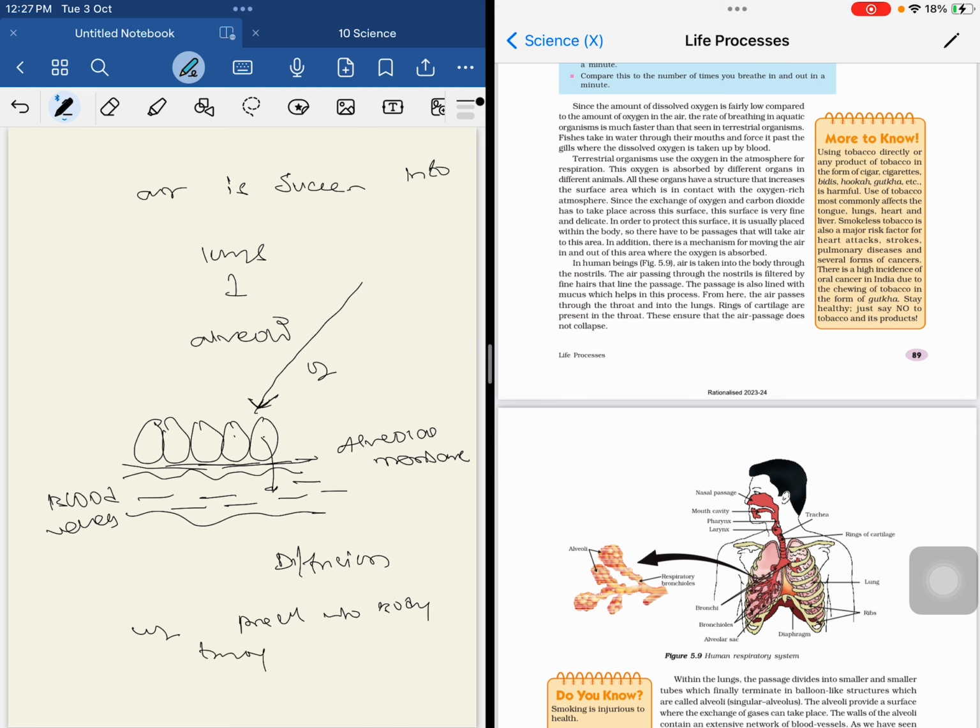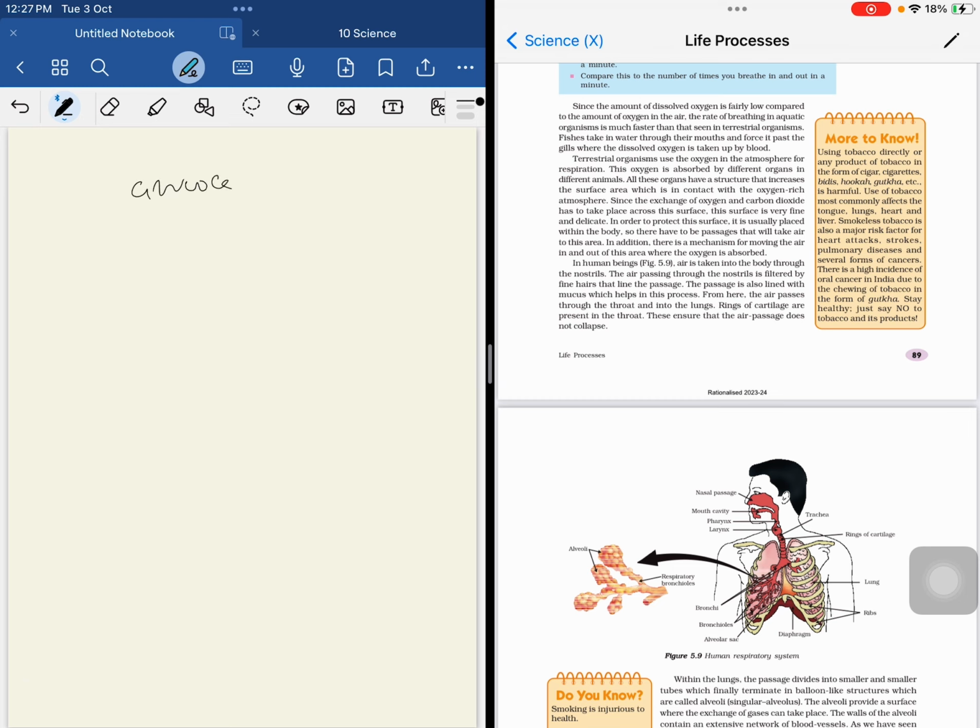As we have already said, the glucose is broken down into carbon dioxide and energy in the muscle, in the presence of oxygen.